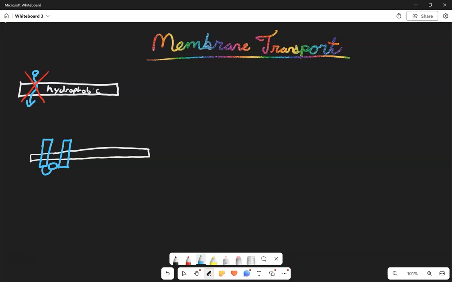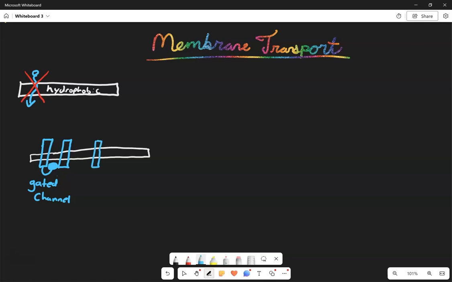And this is known as a gated channel. What makes it gated is this little ball on this little thing down here, which will swing and basically close that channel off.